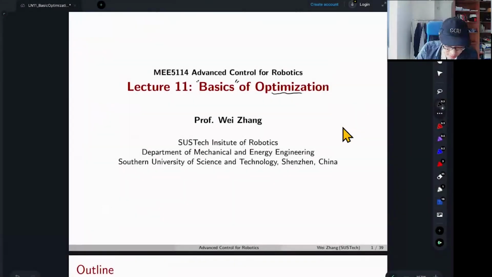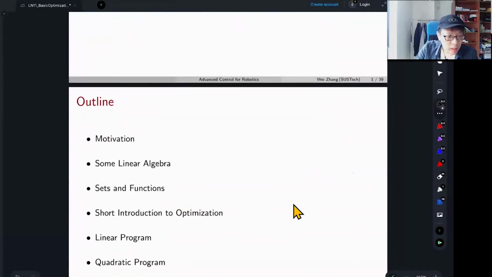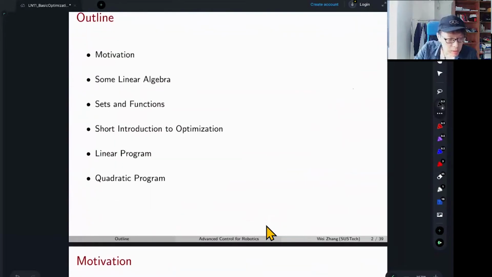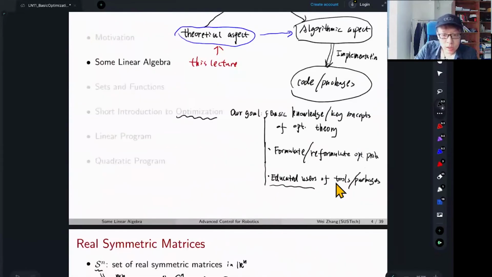Let's continue our discussion on optimization. As I mentioned before, optimization is the key foundation for many engineering problems. Our goal in this class is to introduce optimization theory for you to become an educated user of existing tools and packages. So you need to know some terminology about optimization. That's why we introduced some linear algebra background.